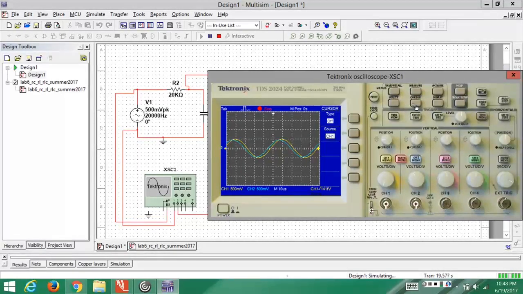If you press cursor, the cursor menu comes up on the left side of the oscilloscope screen, and it says type off, so I want to change that. I want to take time readings, which is my x-axis, so I click the button right beside it to change it to time.